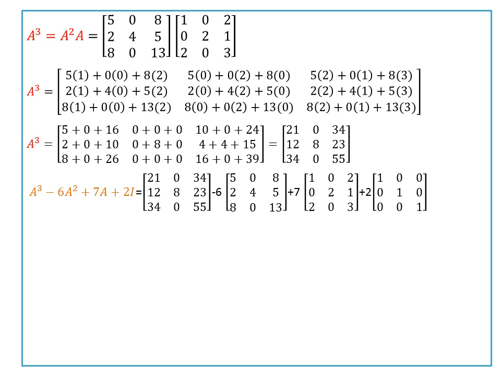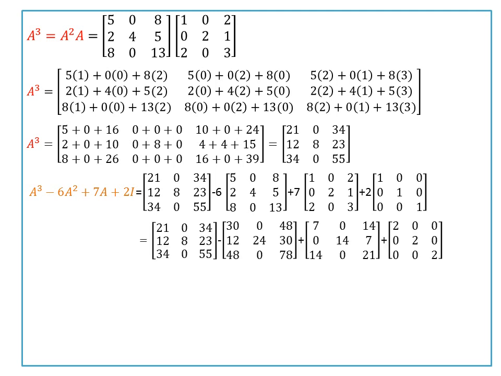To show that, first I'll substitute the values: A cube minus 6A square plus 7 into matrix A plus 2 into the identity matrix of order 3 by 3, which is [1, 0, 0; 0, 1, 0; 0, 0, 1].